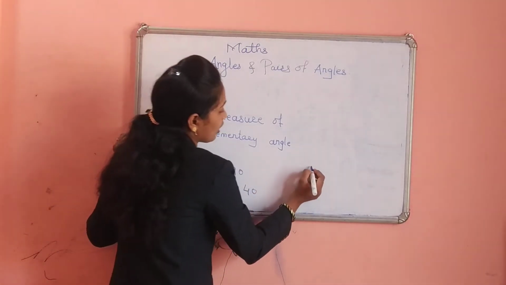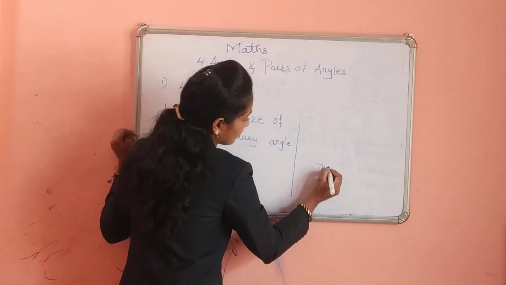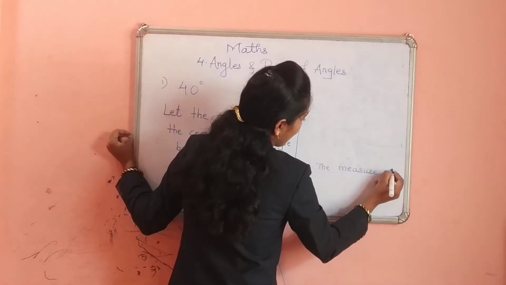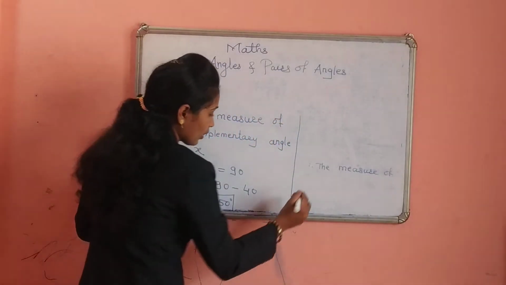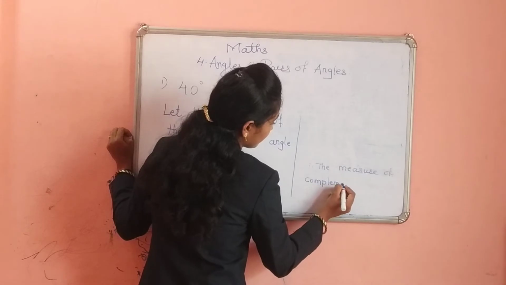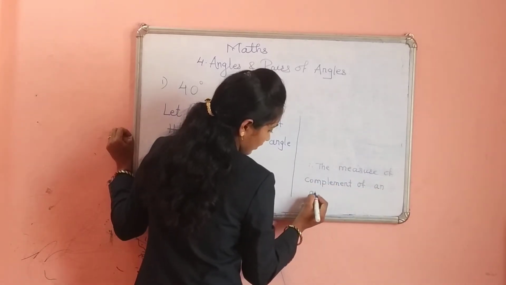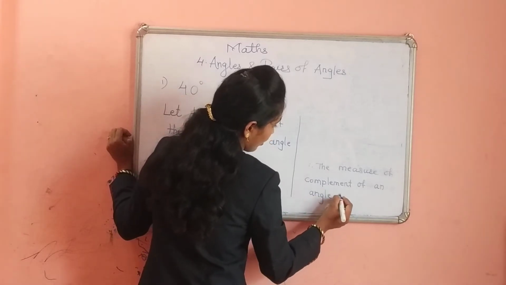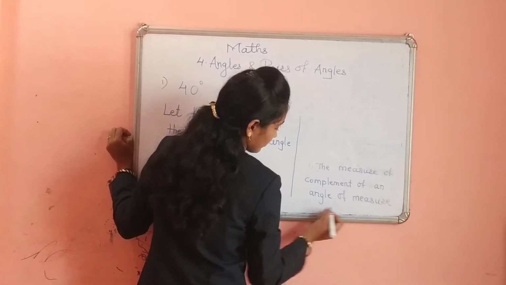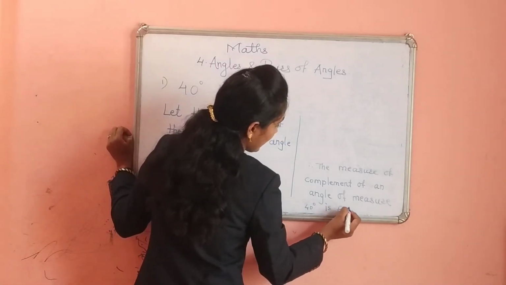Therefore, write down the measure of complement of an angle of measure 40 degree is 50 degree.